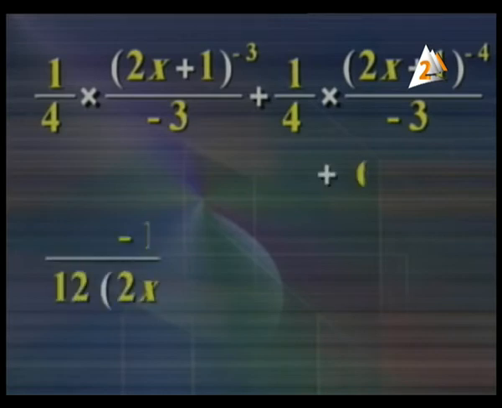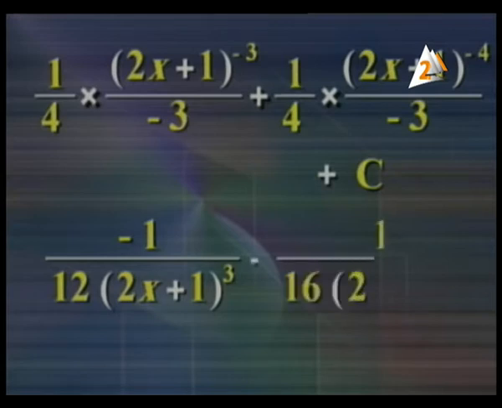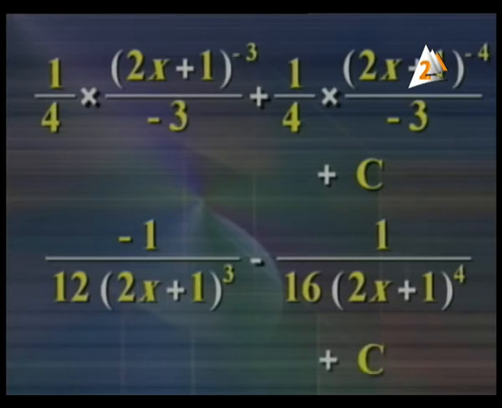The answer is a quarter multiplied by 2x plus 1 to the power negative 3 over negative 3, plus a quarter multiplied by 2x plus 1 to the power negative 4 over negative 3, plus c. The answer is negative 1 over 12 multiplied by 2x plus 1 to the power 3, negative 1 over 16 multiplied by 2x plus 1 to the power 4, plus c.